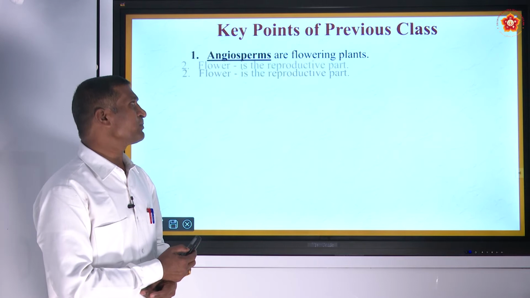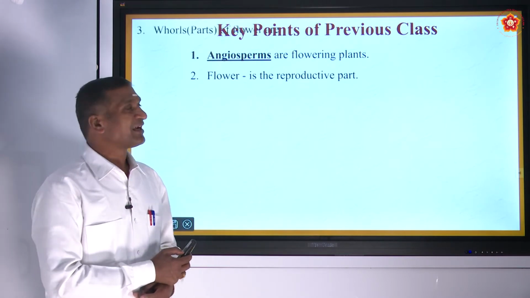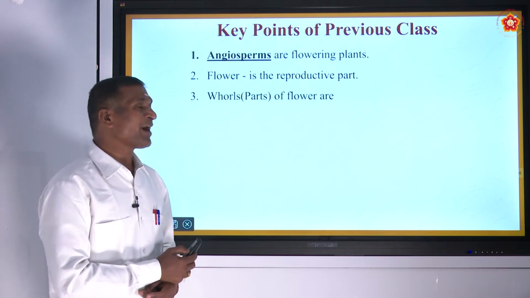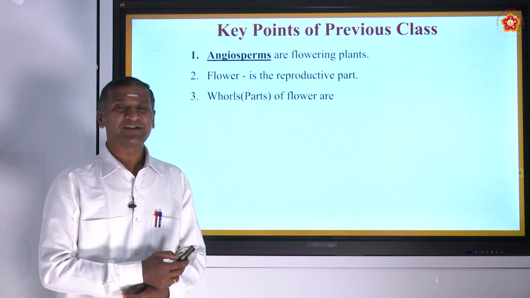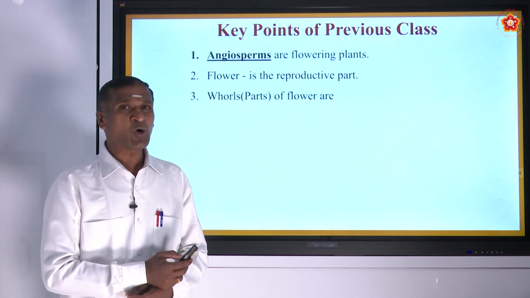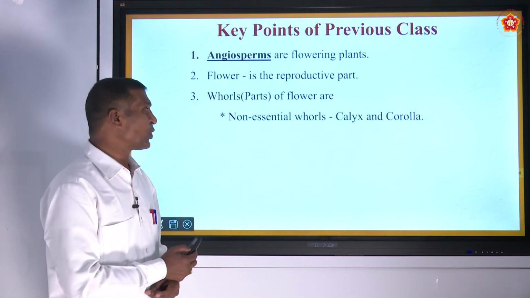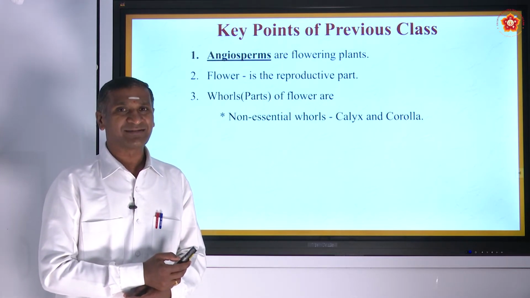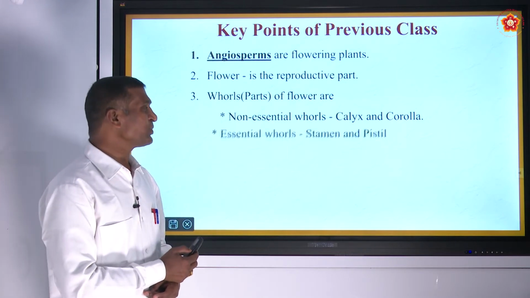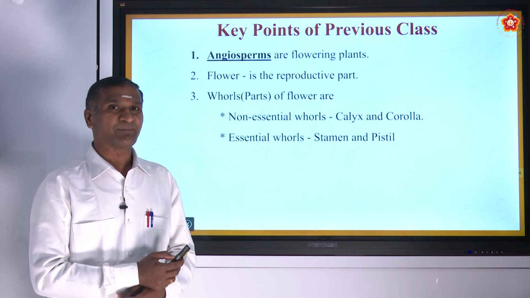In angiosperms the flower is the reproductive part, and this flower mainly has 4 important parts which we call whorls. Among them, 2 are non-essential whorls, the calyx and the corolla, and the other 2 are essential whorls, the stamen and the pistil.